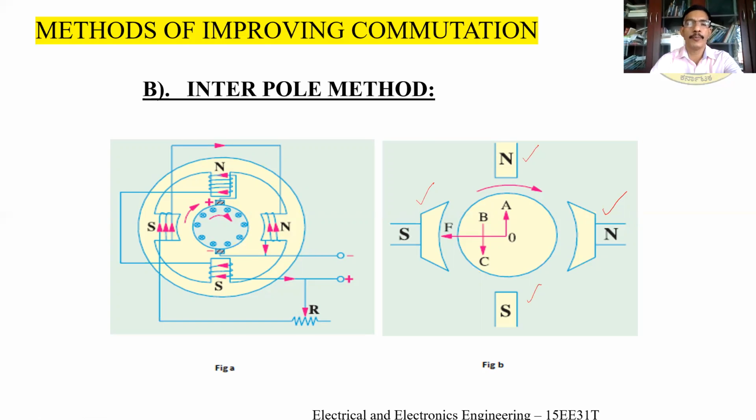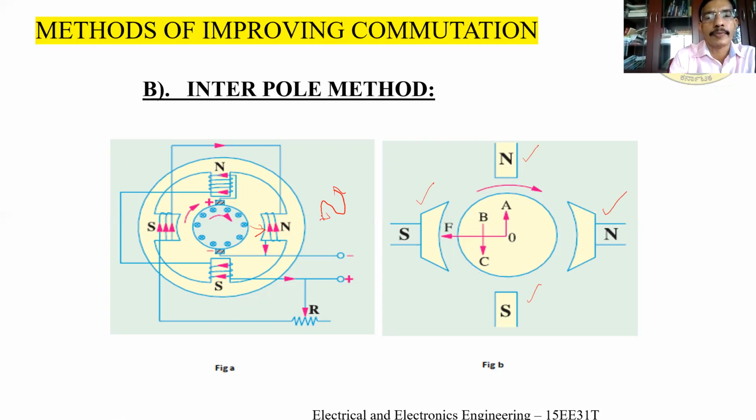See, north and south pole depends on the connections. Carefully, for example, here the winding is anti-clockwise when viewed from this side. If current flows anti-clockwise, then it is a north pole, like this.